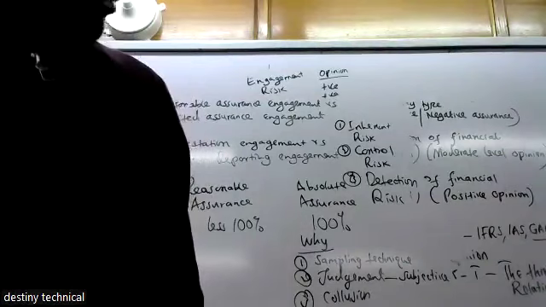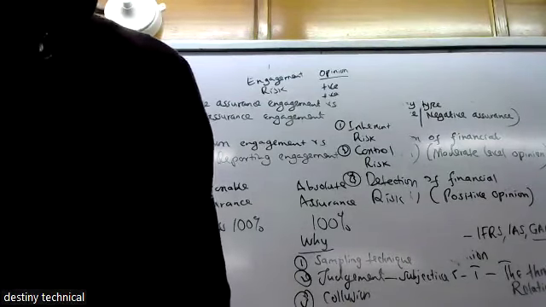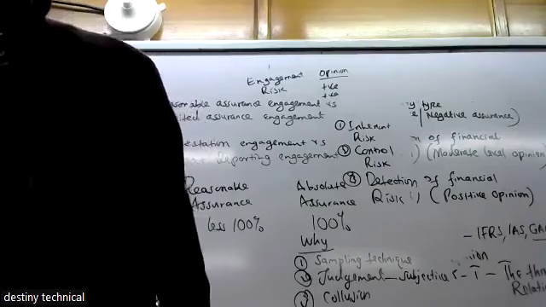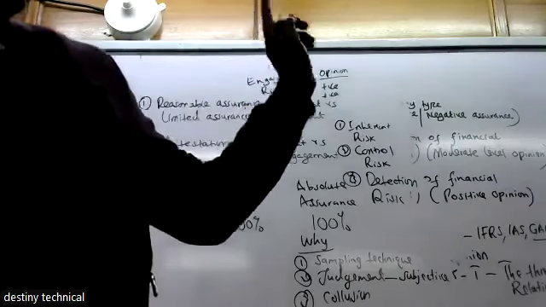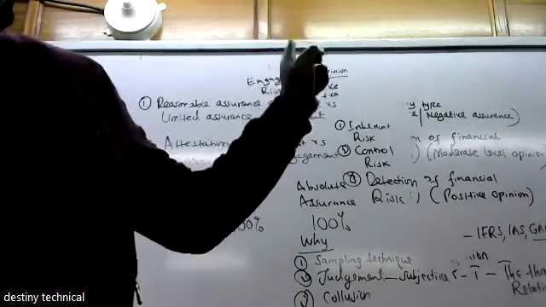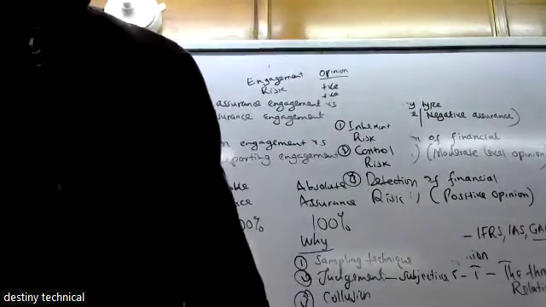So that's what is meant by those two terms, positive opinion and negative opinion. Anytime you are going to explain what is meant by them, you can also relate them to the types of engagement: for positive, reasonable, and for negative, limited assurance engagement.